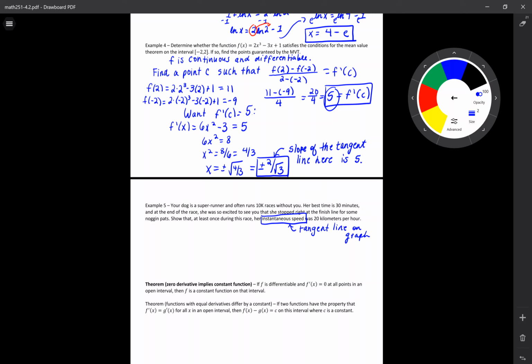So her average speed, well, if I multiply that 30 by 2, I get 1 hour. So her average speed, if she runs 10 kilometers in 30 minutes, she'll run 20 kilometers in an hour. So her average speed is 20 kilometers per hour.